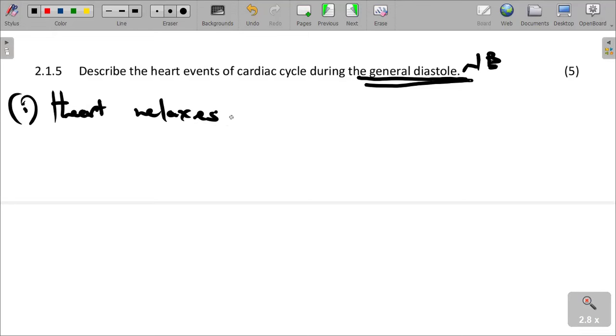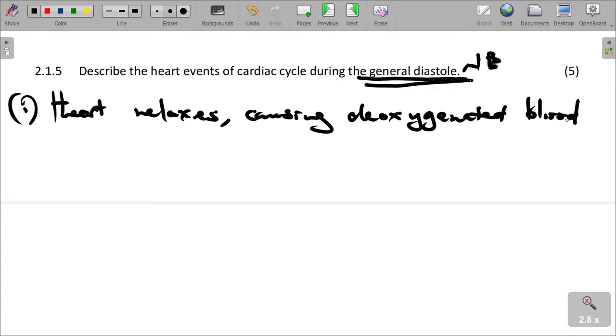the right atrium, causing deoxygenated blood to enter the right atrium.